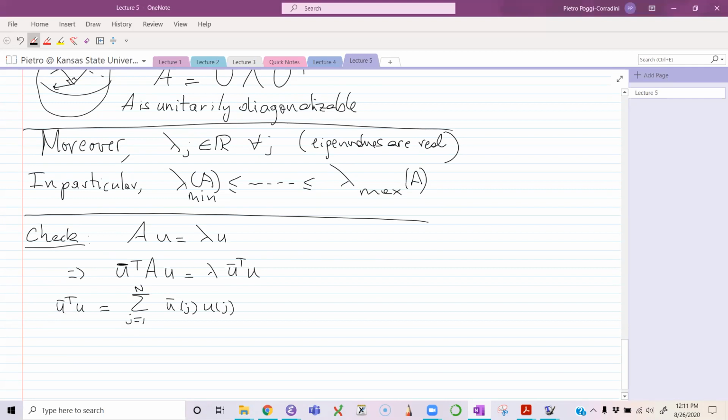But if these are complex numbers, this is the sum of the absolute value squares. Okay, so that's the two norm square of u, whether u is in Cn or Rn, the formula for the two norm is the same.